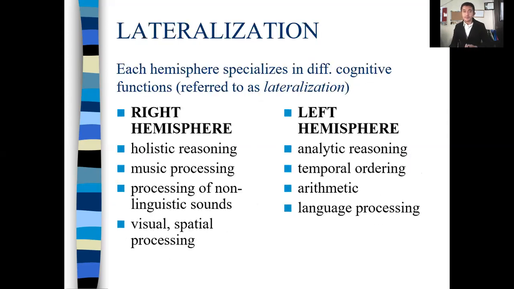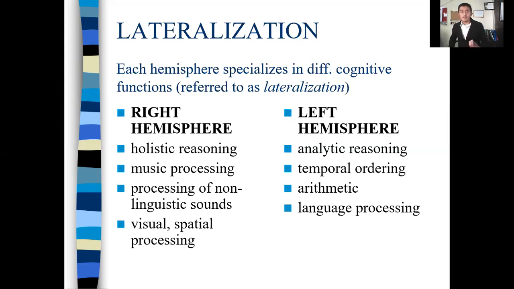Okay? Let's go with this term, lateralization. When we say lateralization, we're talking about the hemispheres. Each hemisphere specializes in different functions, referred to as lateralization. We have the right hemisphere and the left hemisphere.